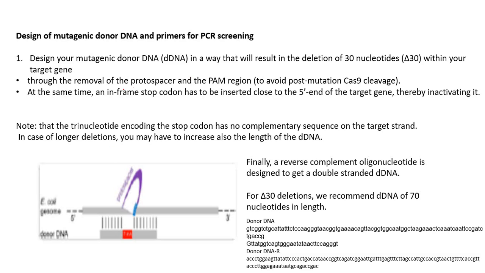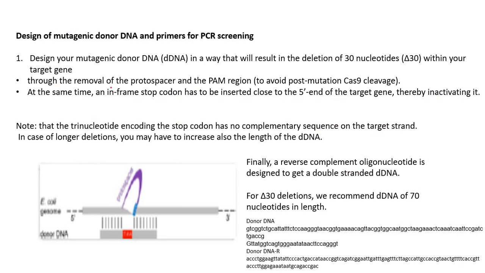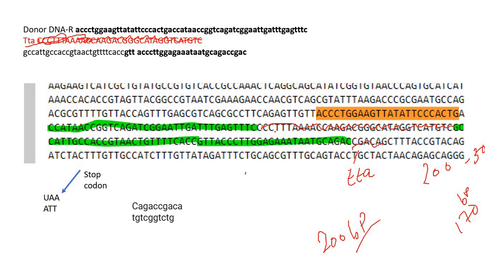So now you understand this. Design your mutagenic donor DNA in a way that will result in the deletion of 30 nucleotides within your target gene. So what we have done, we have deleted these 30 nucleotides and added the stop codon. Now we have removed the protospacer and the PAM region. So we have removed the triple C, which is the PAM region, and the protospacer adjacent motifs.